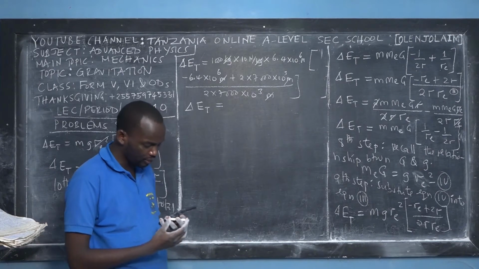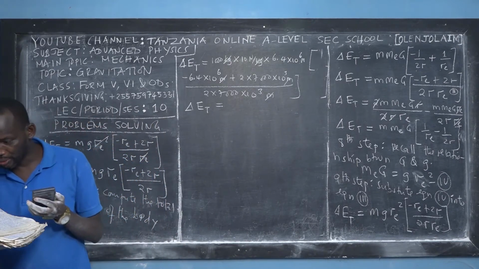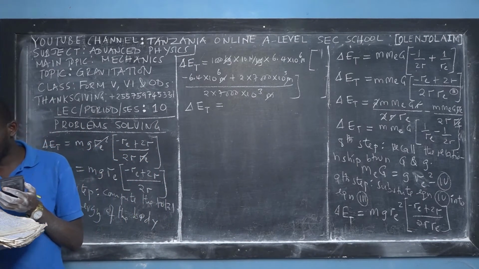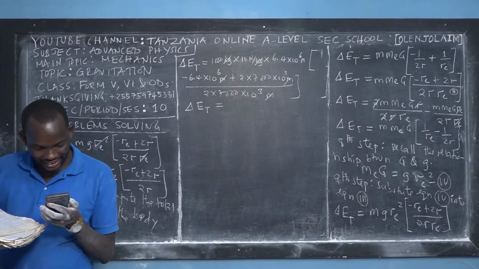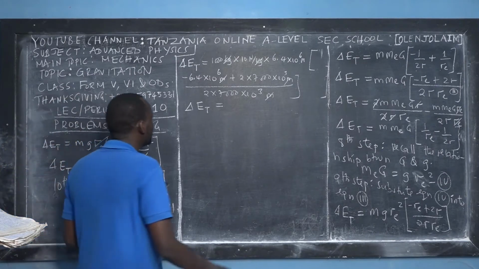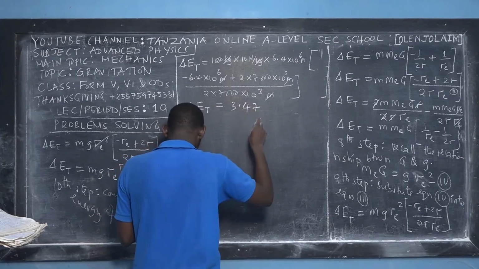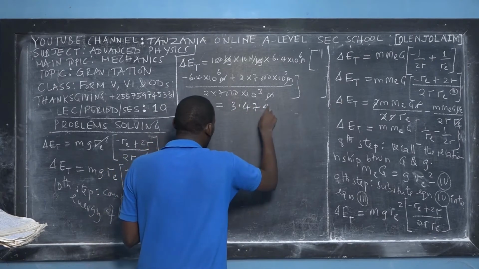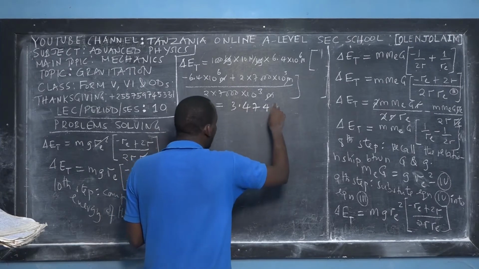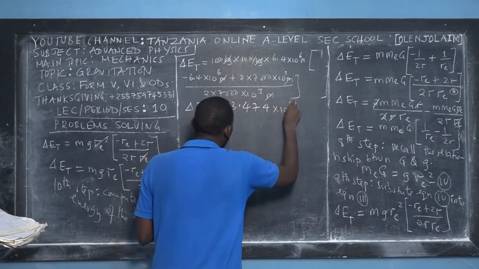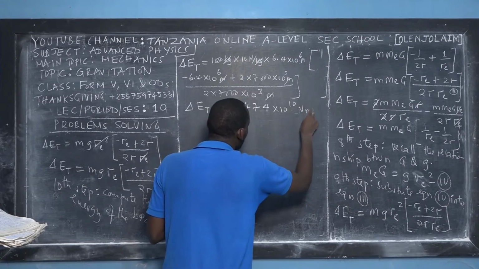Response is 3.474 exponent 10 Newton meter. Yes, that's the right answer. So the change in energy is 3.47, and then you can add another 4 in 3 decimal places if you like, exponent 10 Newton meter.